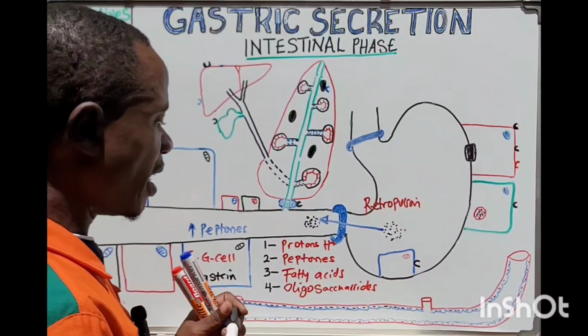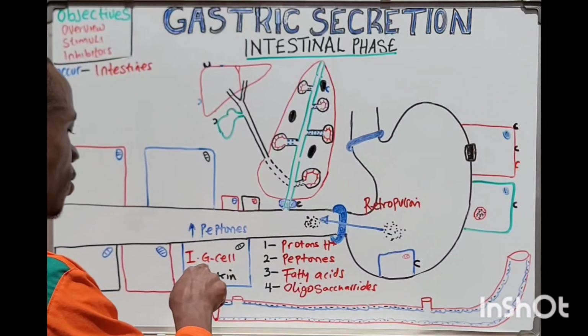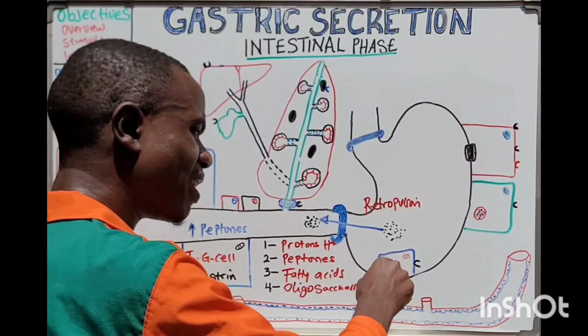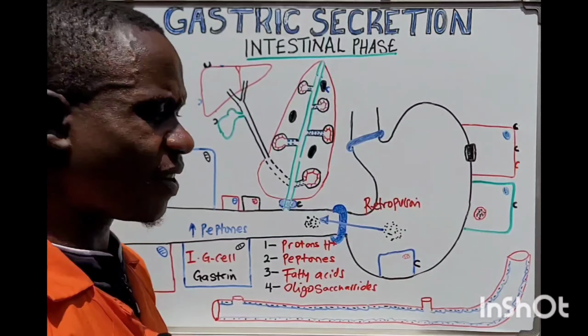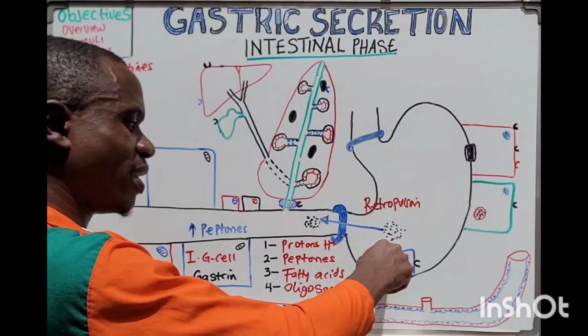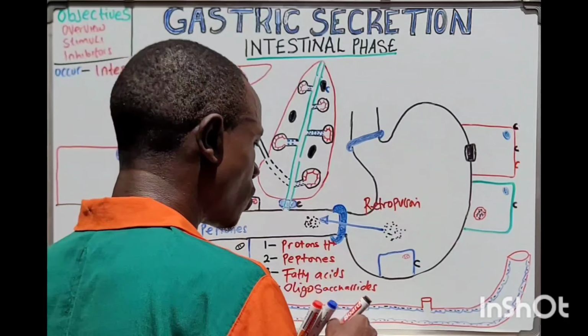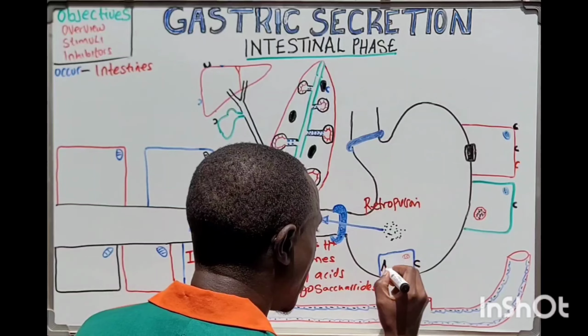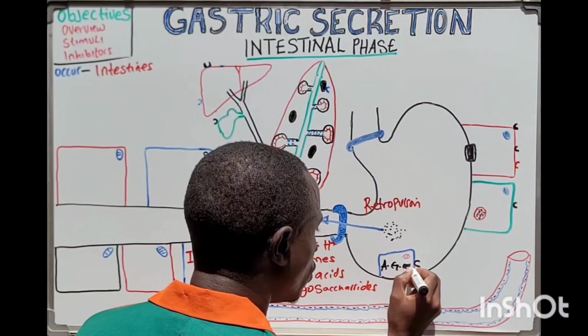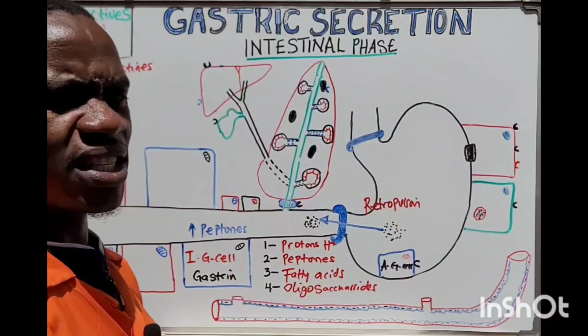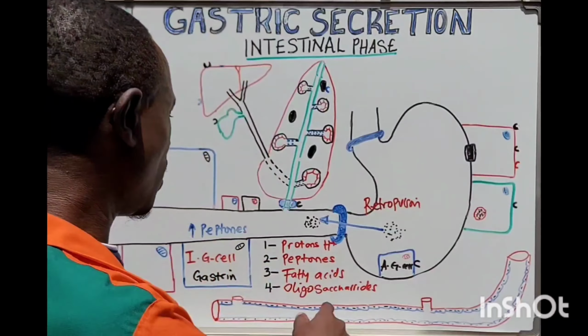Now, the point is, we have the intestinal G cell. We also have another cell which we talked about during the gastric phase, which stays in the pyloric antrum. This one is also a G cell, but specifically it is the antro G cell. Now you may ask yourself, what's the difference between these two cells?